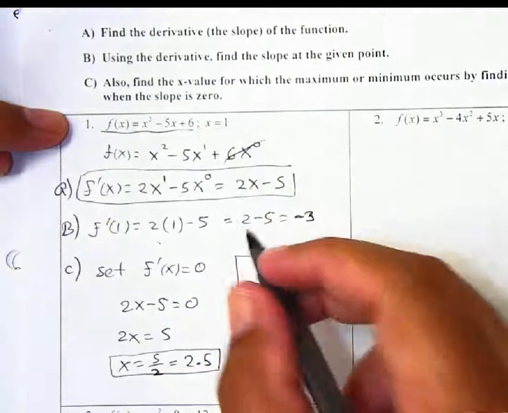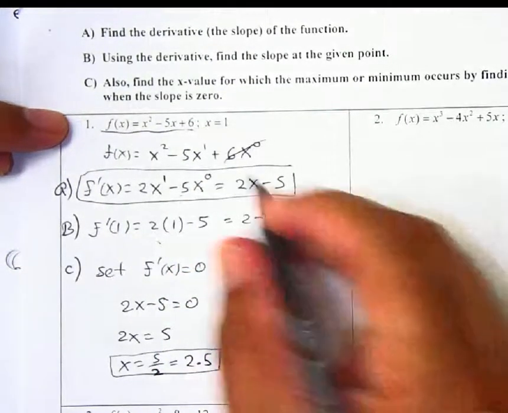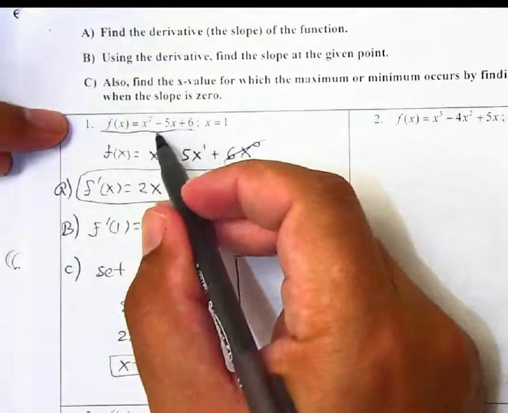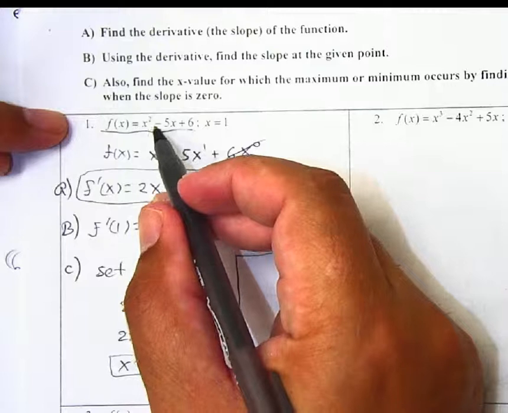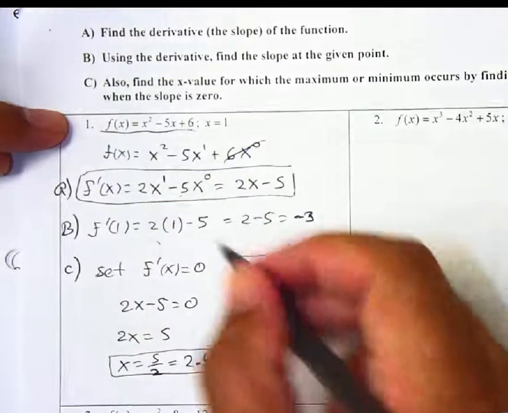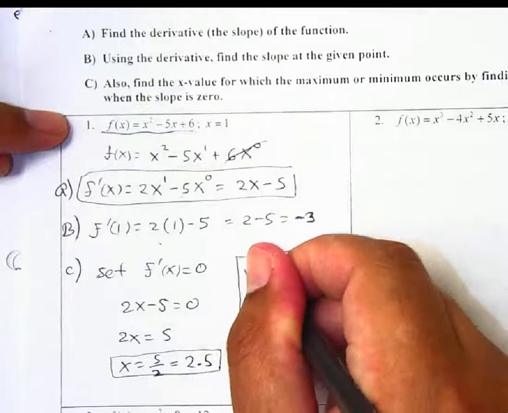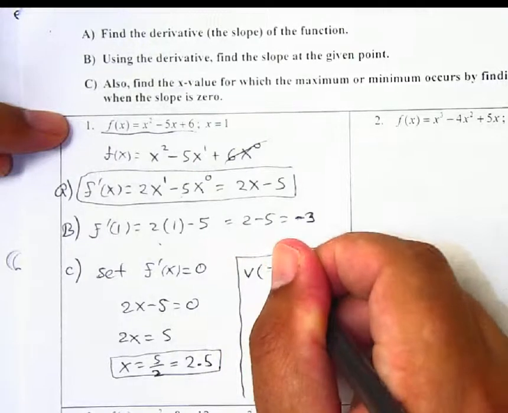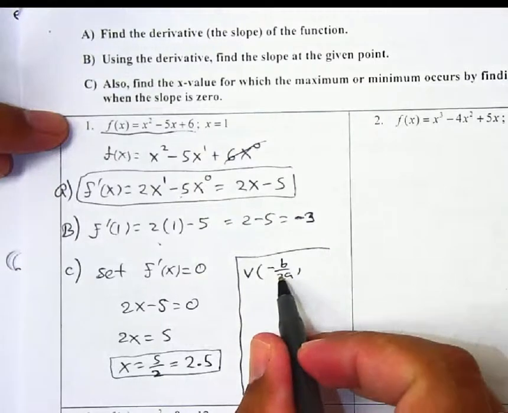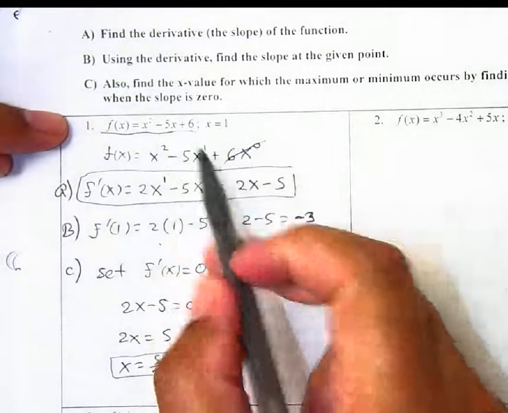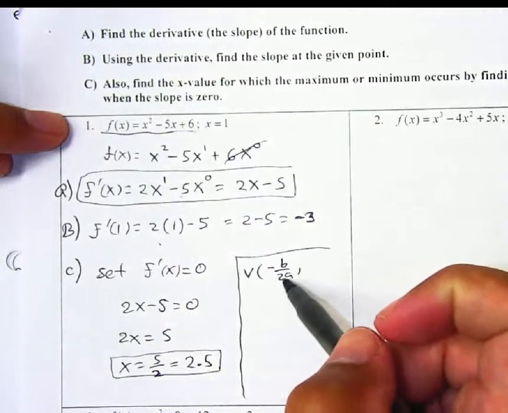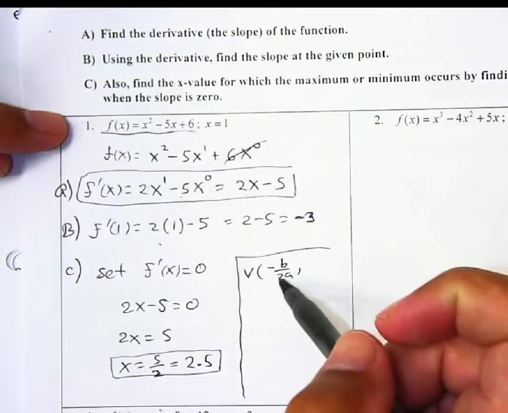And we learned earlier that to find the vertex, the high point or the low point, depending on whether the parabola is right side up or flipped over, we had a little formula, negative b over 2a. So let me show you what we get when we find the high point or the low point using the method discussed earlier in the year.